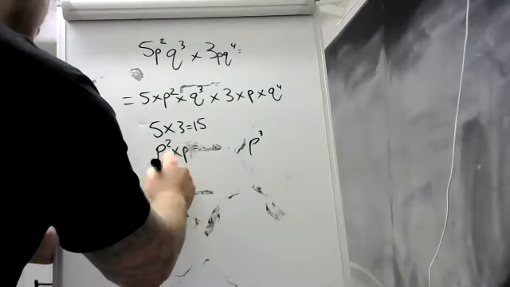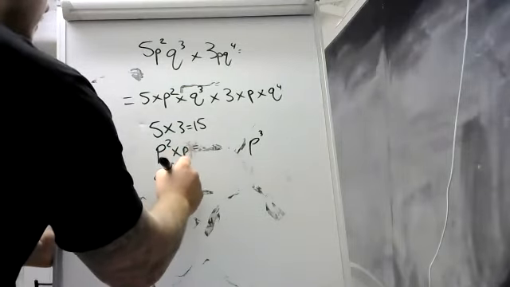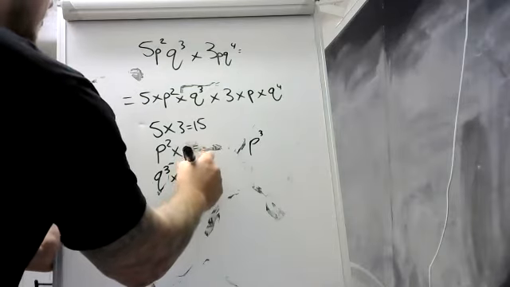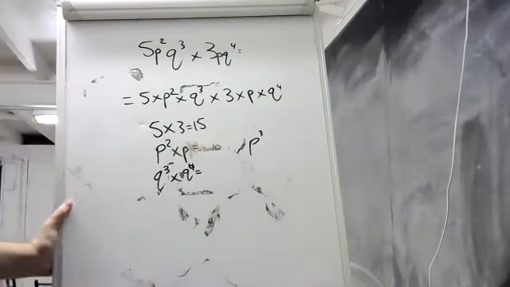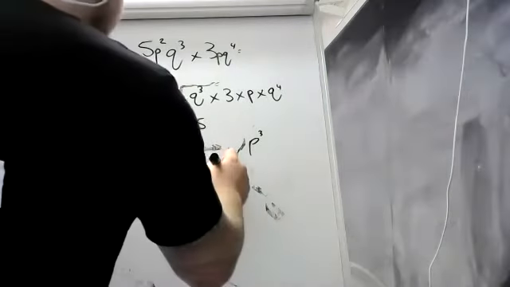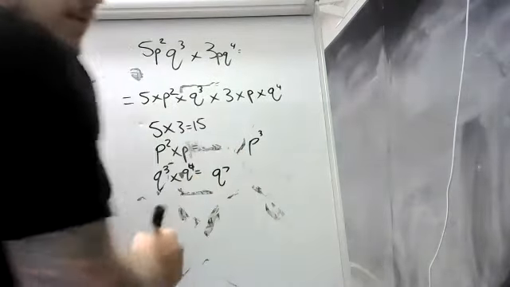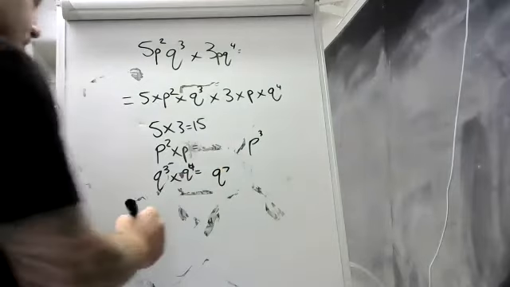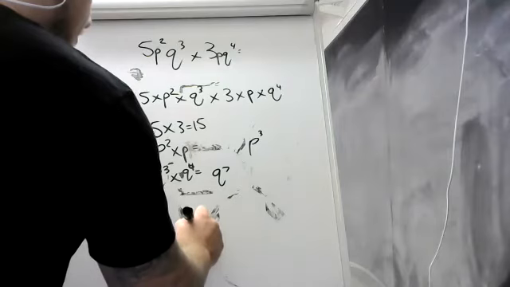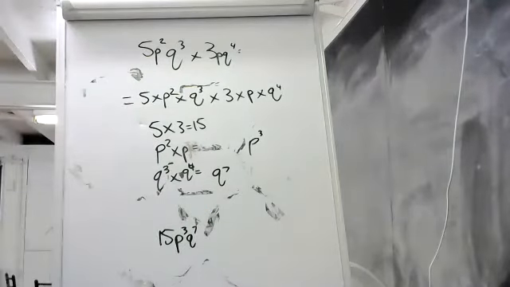Same here, we've got Q to the power of 3 times Q to the power of 4. What would that give us, Henry? Q to the power of 7. Sweet. So we will put that back together: 15 P to the power of 3, Q to the power of 7. That's how we simplify using those rules.